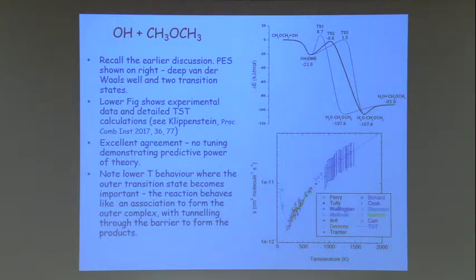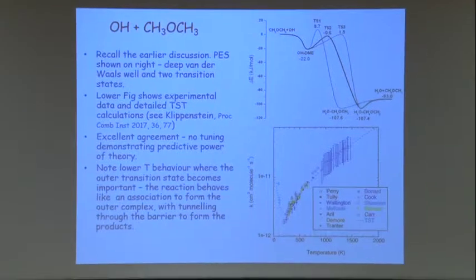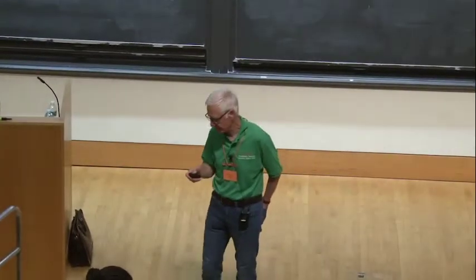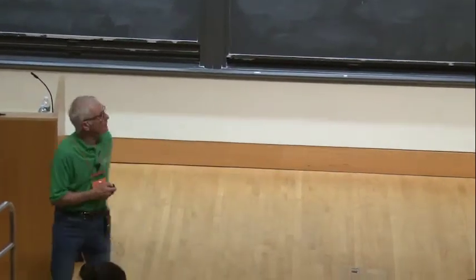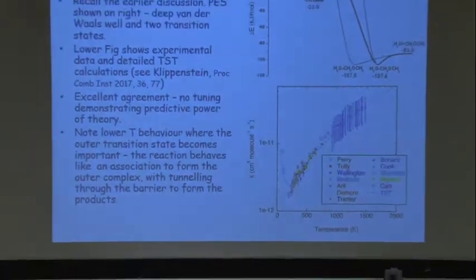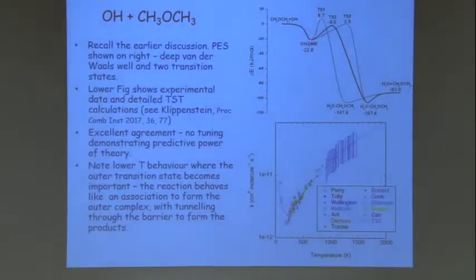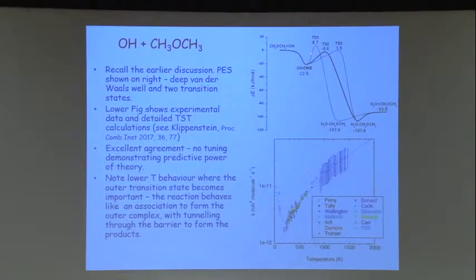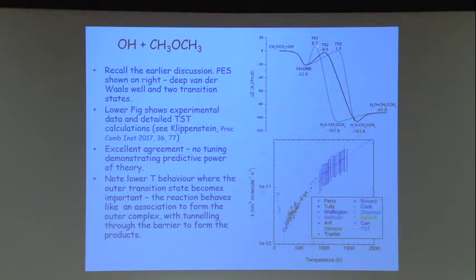Now, let's go back to OH plus dimethyl ether, and let's try and explain what would happen there. So if you remember, we looked at this surface before. So once again, there's a van der Waals well. There's a complication because there are apparently 3 transition states, but they are interlinked.